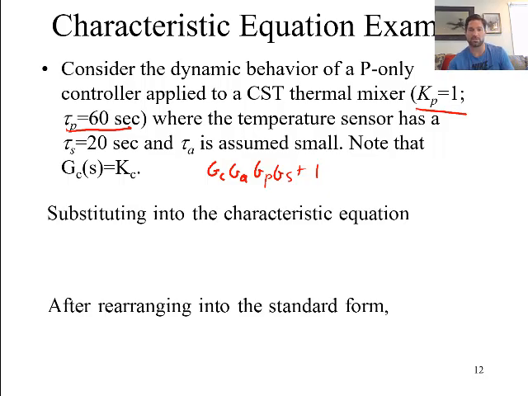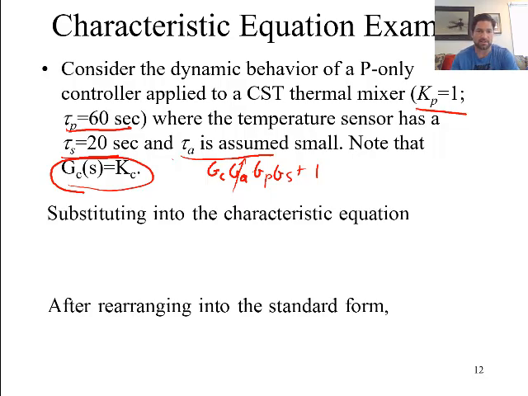The temperature sensor has a time constant of 20 seconds, and tau a is assumed to be small, so the actuator is fast, which means GA is going to be 1. Because we're using a P-only controller, GC for the controller is equal to Kc.